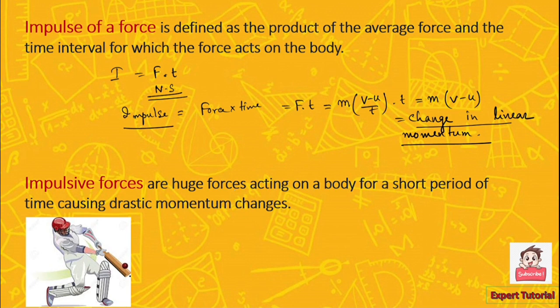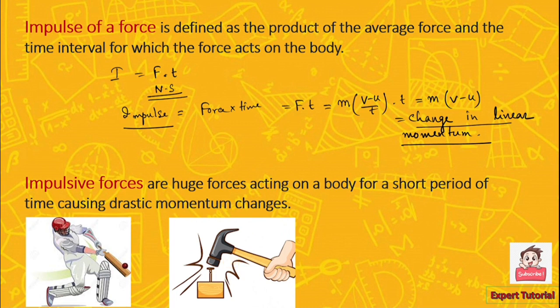We all know these are very huge forces, but they act on the ball for a very small interval of time. So that is the impulsive force. Also the hammering on a nail is an example. A huge force acts for a very small interval of time. It is also an example of impulsive forces.